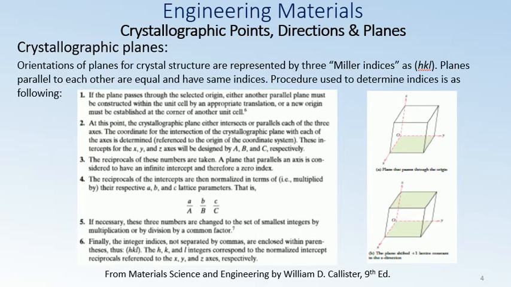The standard procedure used to determine plane coordinates is again reproduced here from your textbook. You can read these steps by yourself and then we can discuss if you have any confusion.